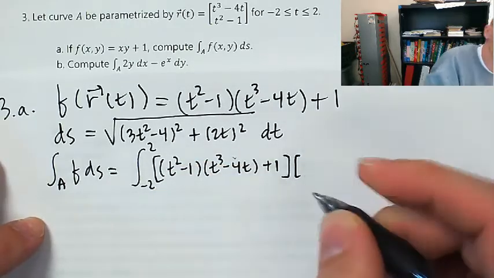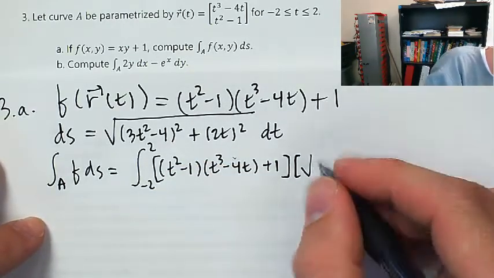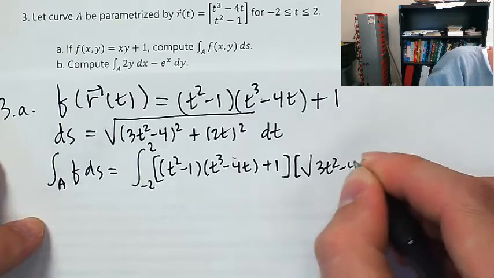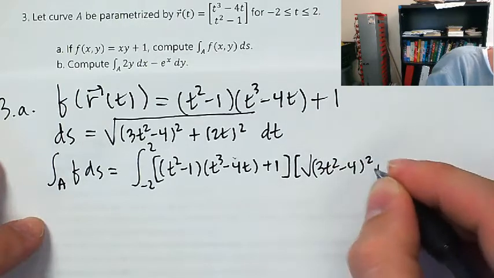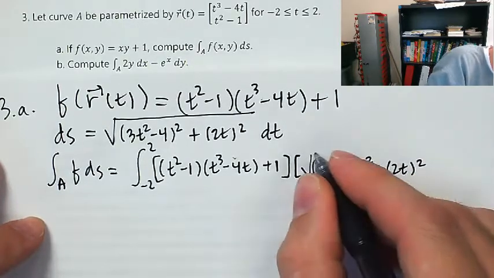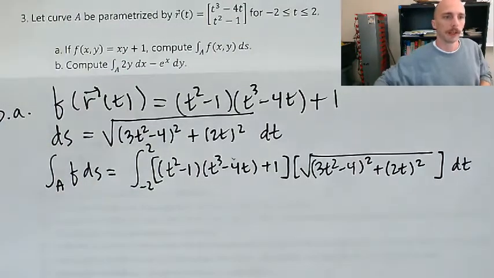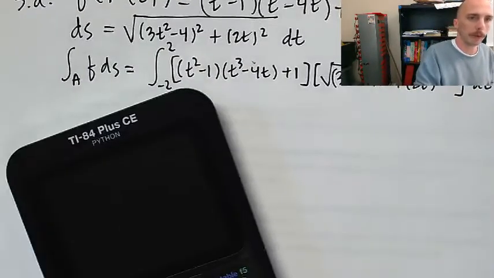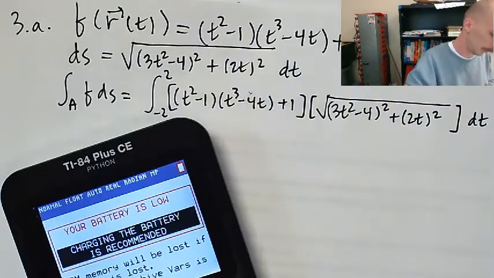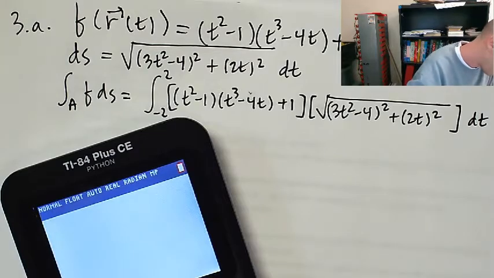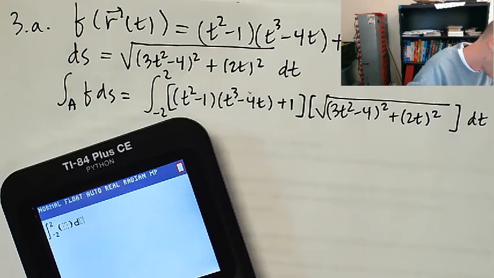And this is going to be just totally a job for the calculator. And this is 3t squared minus 4 squared plus 2t squared, dt. Negative 2 up to 2.